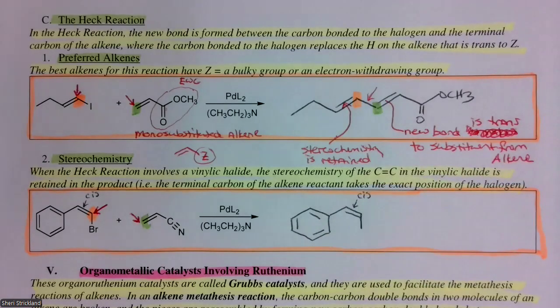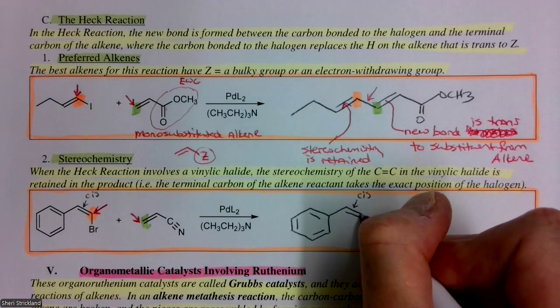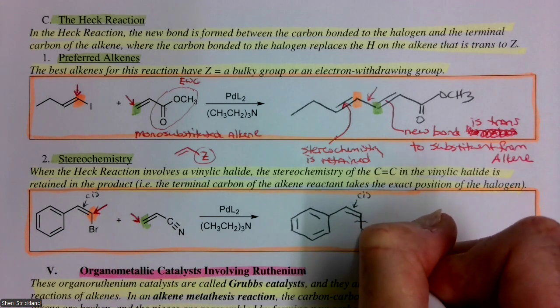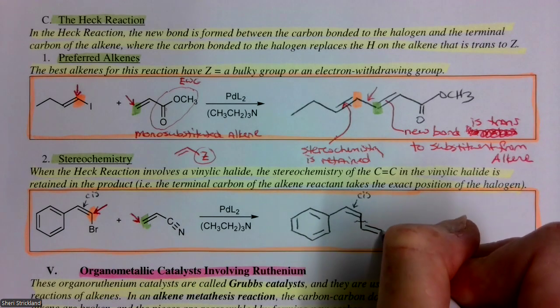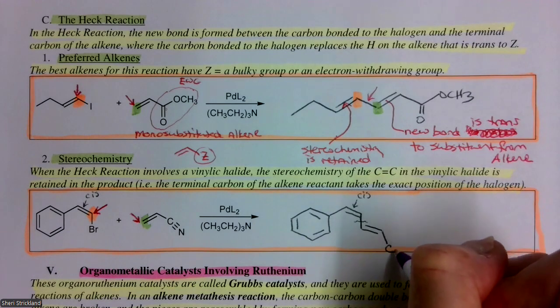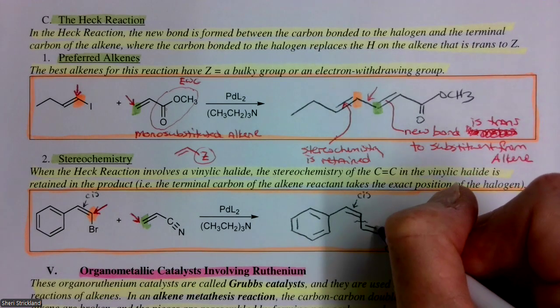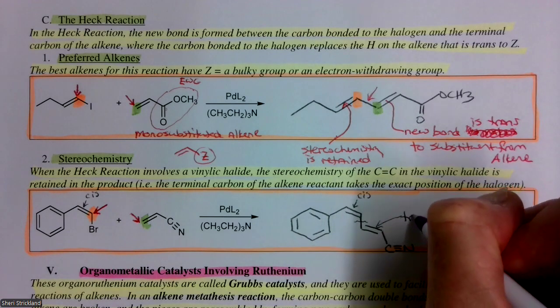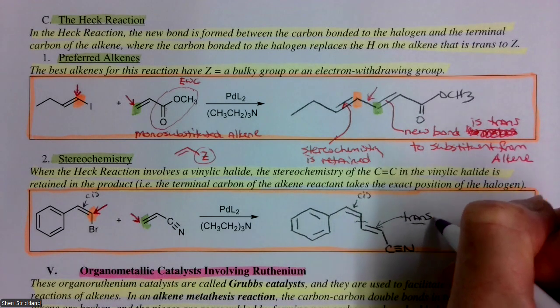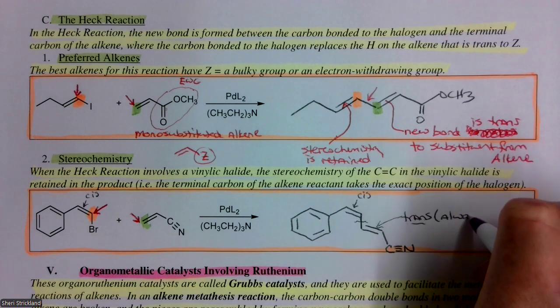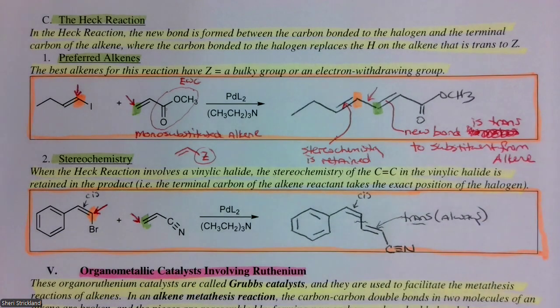Now, the new bond, this one that's formed right here, has to be trans to your substituent. So this one has to be trans. Always. Okay, does that make sense?